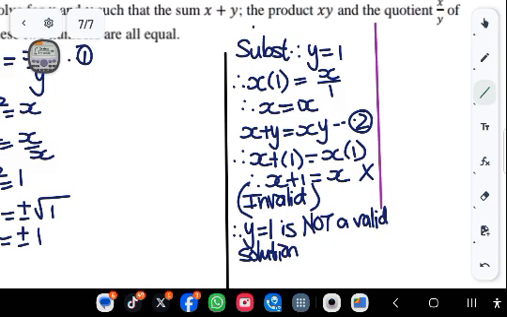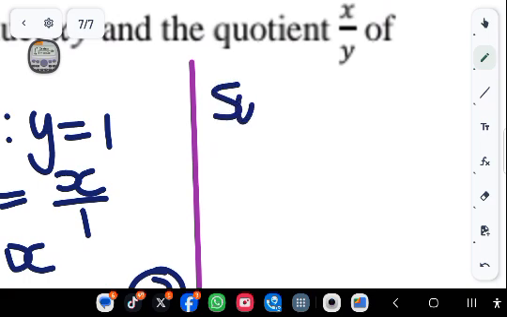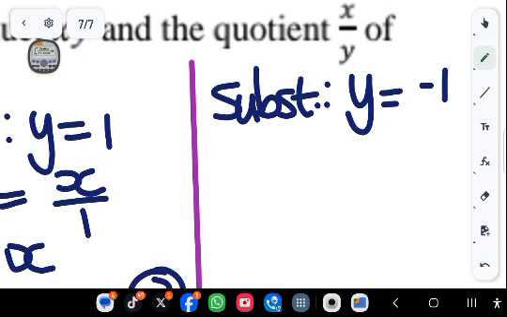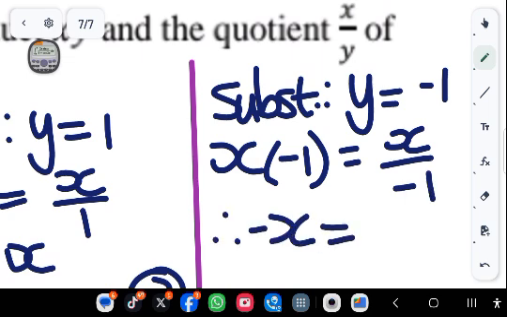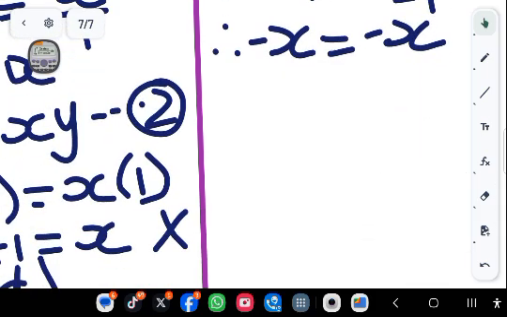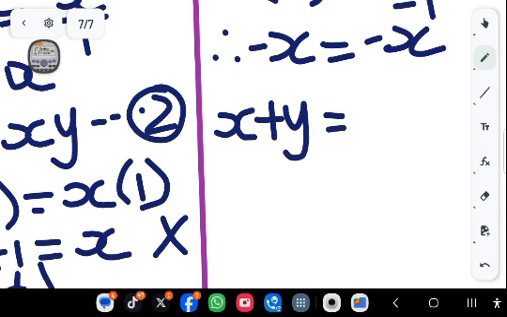y equals negative 1. Okay, substitute. Left hand side: x times negative 1 equals x over negative 1. Therefore, negative x equals negative x. It checks out here. Let's try x plus y equals xy.